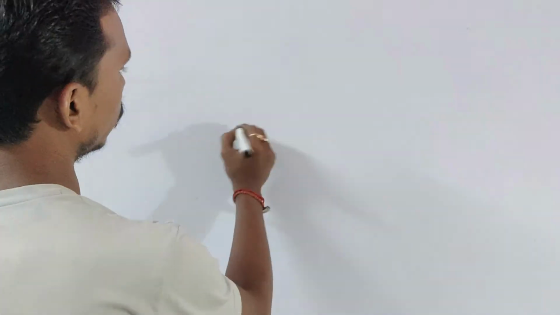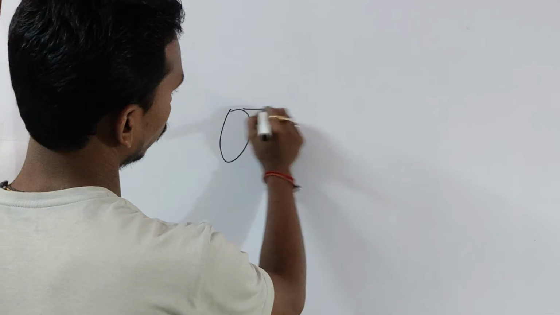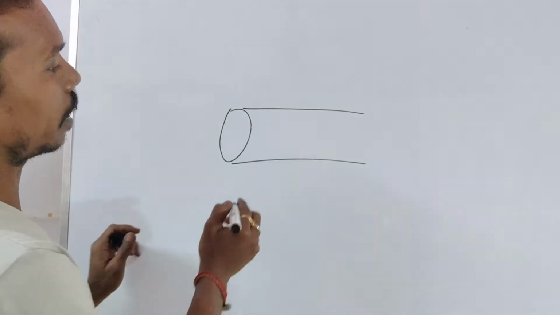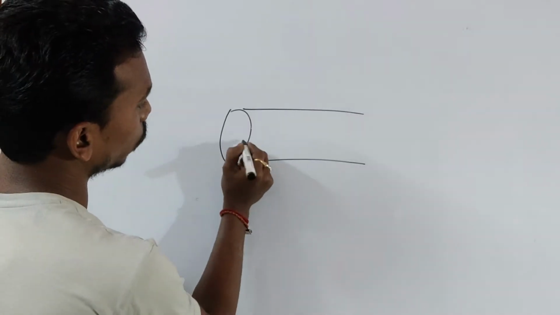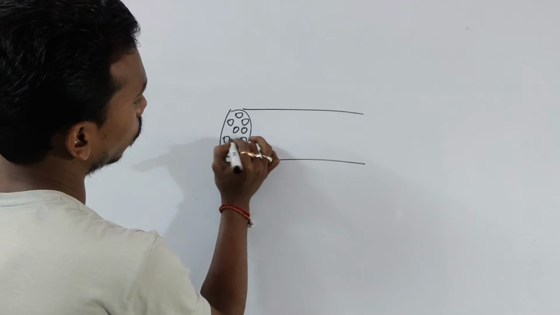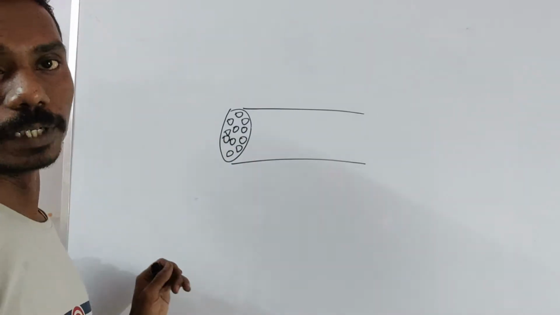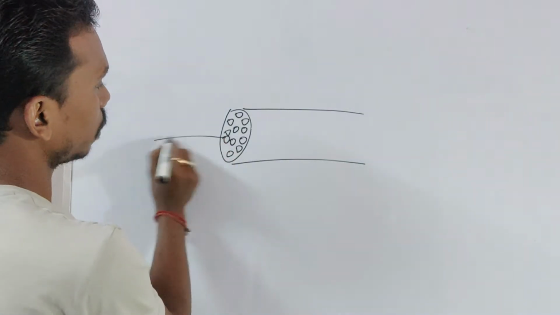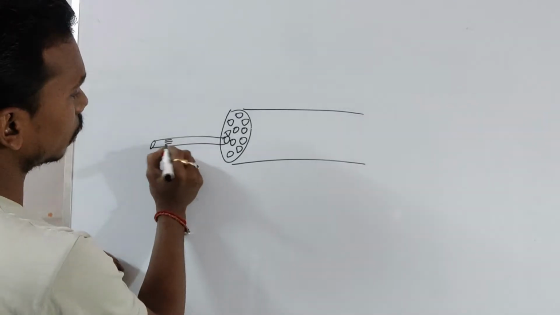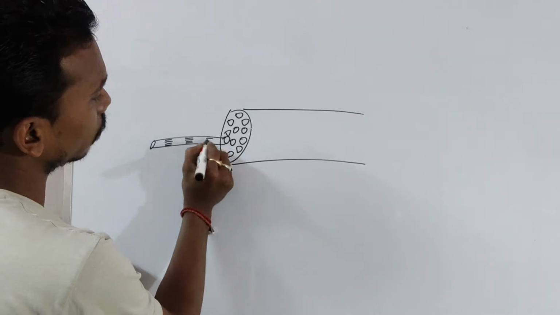So if you see, these are the muscle fibers, which are again composed of a bundle of myofibrils. If you see it like this, this one is the myofibril, which has light and dark bands.